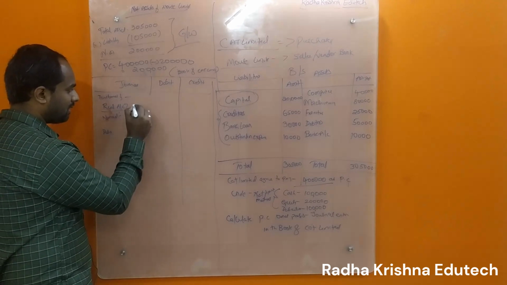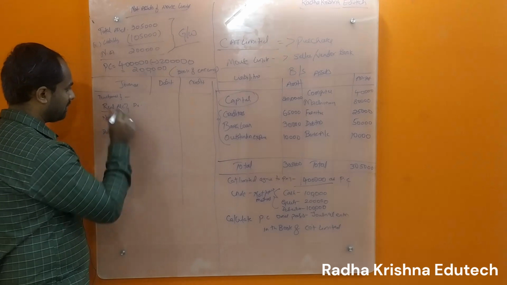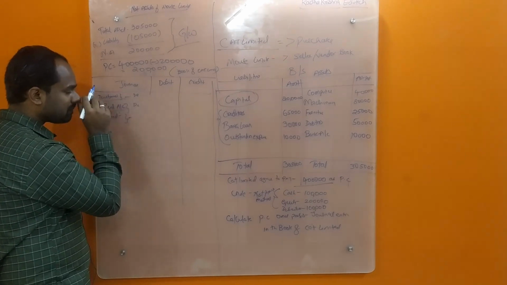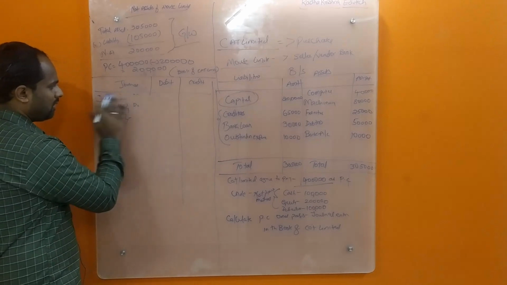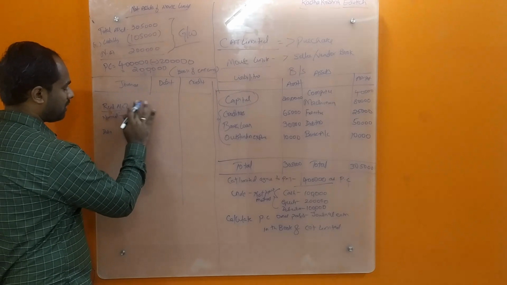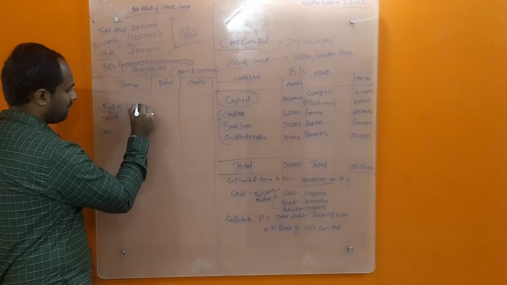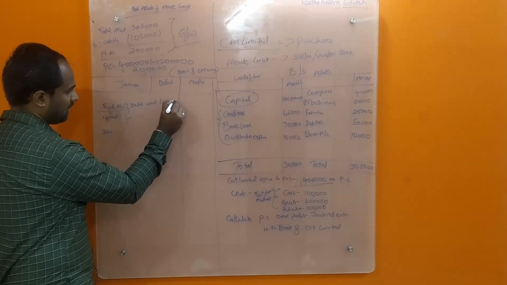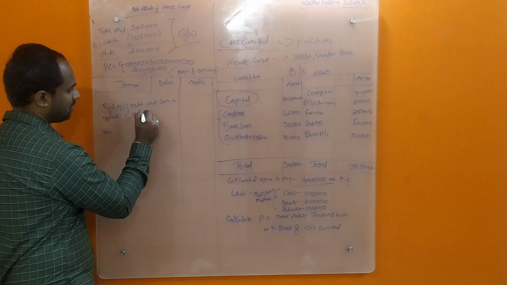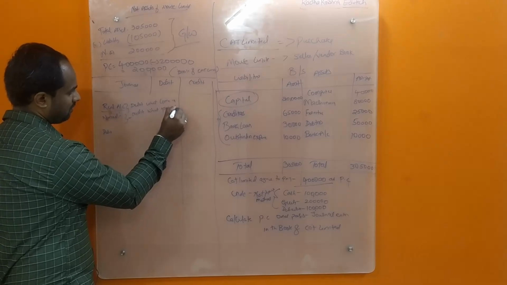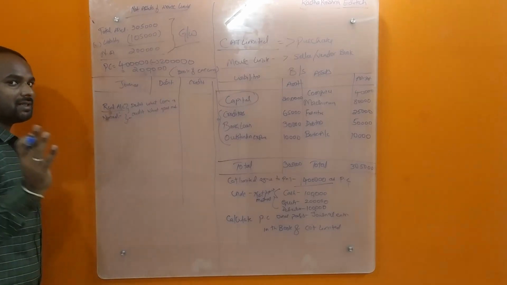In real account, debit what comes in, credit what goes out. In personal account, debit the receiver, credit the giver. Your fixed assets are a real account, right? So for real account, what is your golden rule? Debit what comes in, credit what goes out, right? So all your assets are coming in.